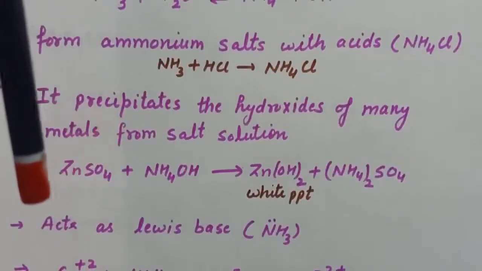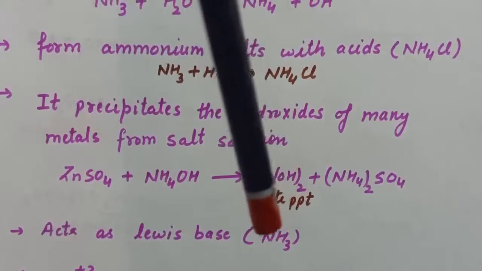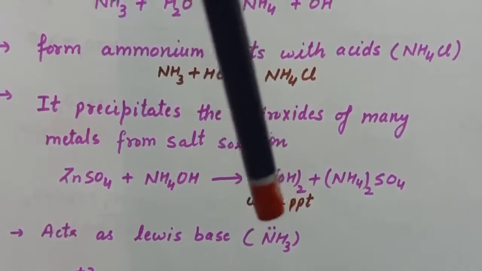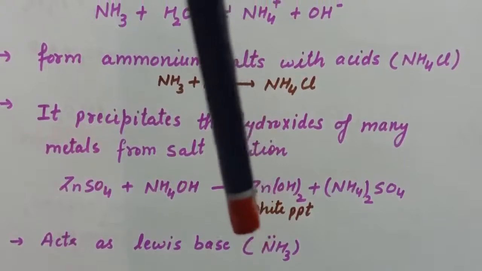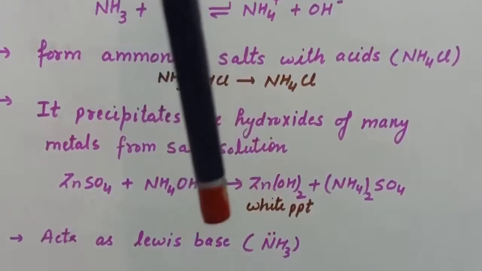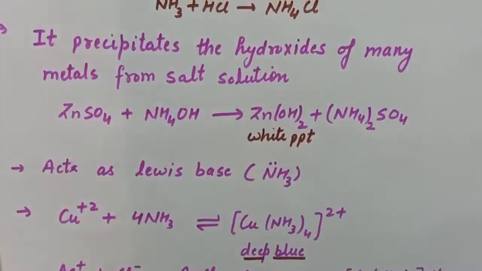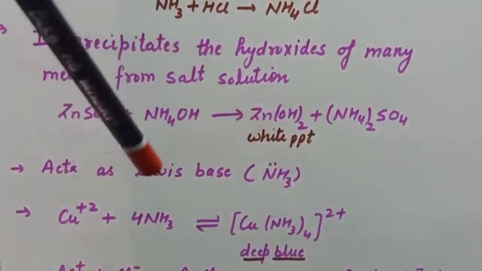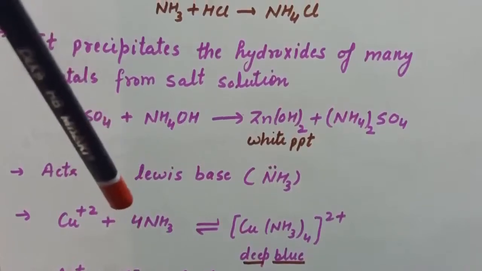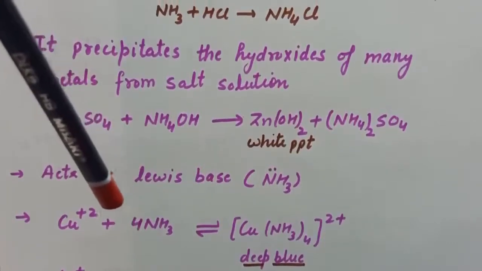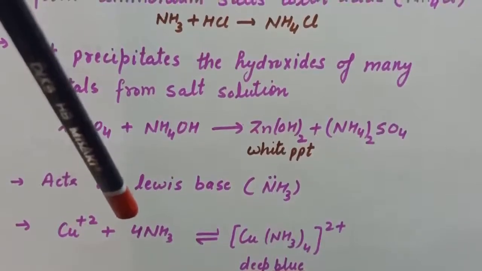Next, ammonia acts as a Lewis base. Because of the presence of a lone pair of electrons, it easily donates its lone pair of electrons, and therefore it can act as a Lewis base. Next property is that it also donates the electron pair and forms linkages with metal ions, and the formation of such complex compounds finds application in the detection of metal ions.